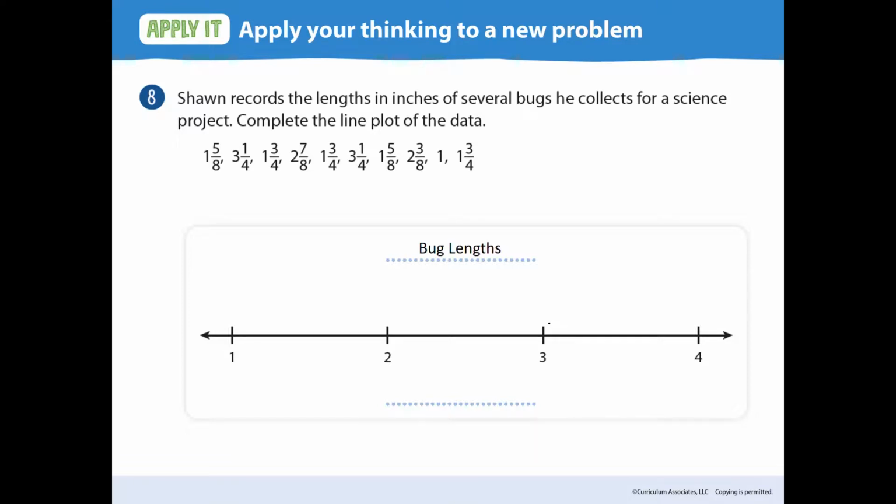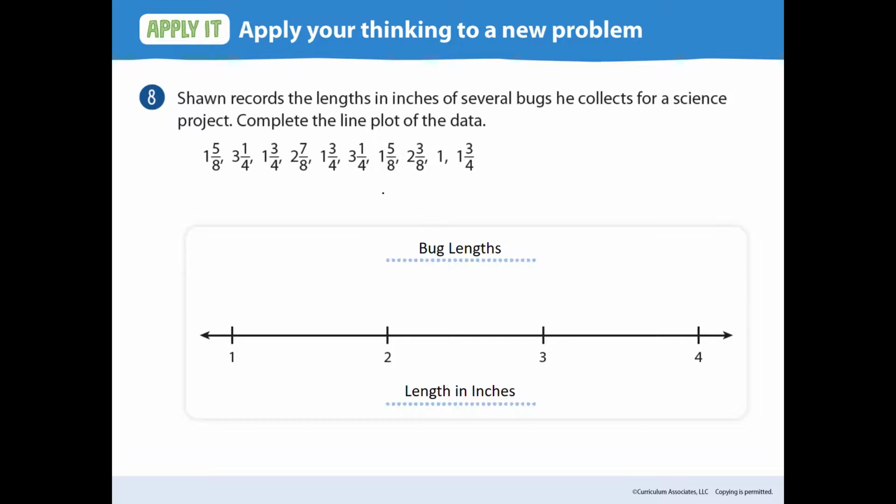Okay, I am going to label this bug lengths because that's what we are trying to figure out. And our measurement goes at the bottom. We are measuring length in inches. And I am looking at my line plot here, and I see the whole numbers 1, 2, 3, and 4, which makes sense because there's nothing smaller than 1, and there's nothing greater than 4.